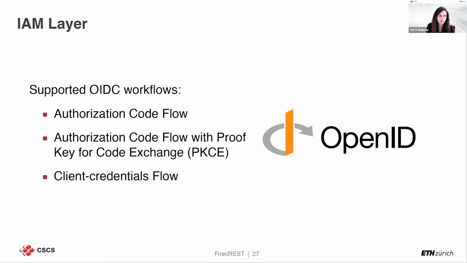And some more information about what are the supported OIDC workflows, the ones that we at least have tested with FirecREST. We have the authorization code flow, which is the type that is used typically for a regular web application executing on a server.